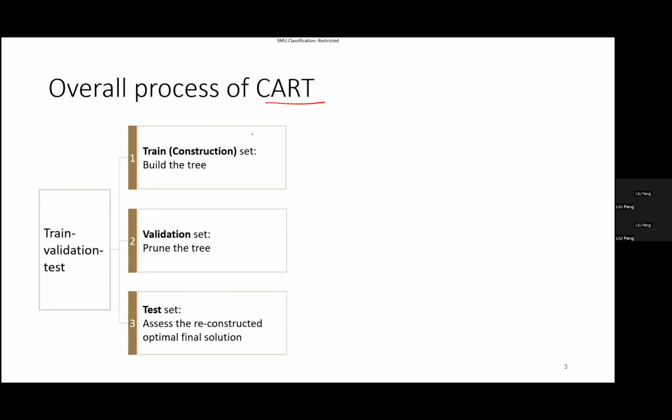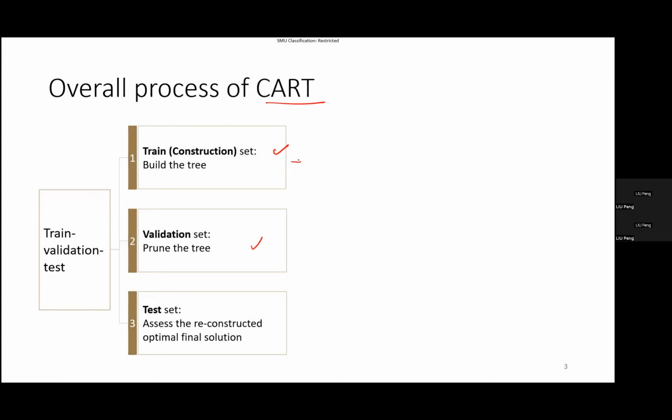So the overall process of building a CART, again, CART represents the classification and regression tree. So it's a tree that can be used to do both classification and regression. First, construct the training sets and build a tree in terms of our splitting decision, and what combination would give us the minimum cost function, right? And then we prune the tree so that it's not overfitting.